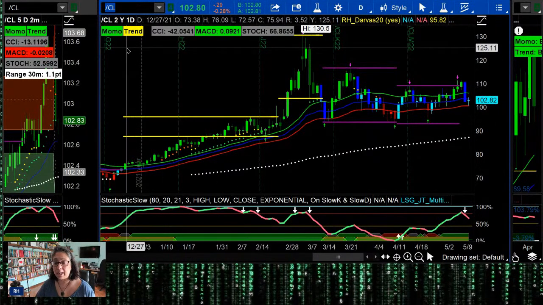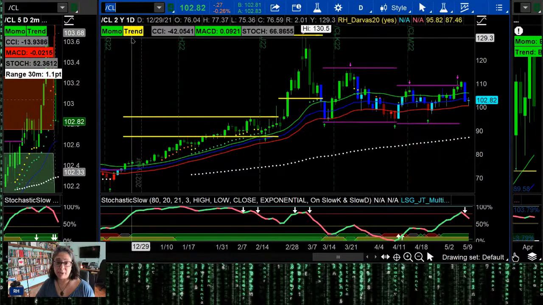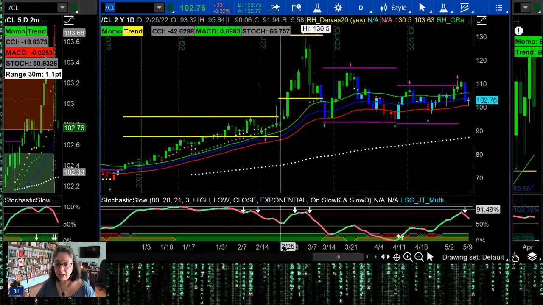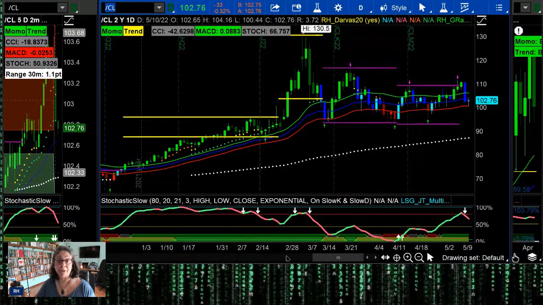And that includes things like my settings on the slow stochastic, the grab candles, the wave, the Darvas 2.0, as well as the trade flags for the momentum and trend. So if you haven't checked those out yet, get them on your chart. I think they'll really make a difference in terms of clarity and understanding in this environment, which is murky at best at the moment, but I think it'll help you out a lot.